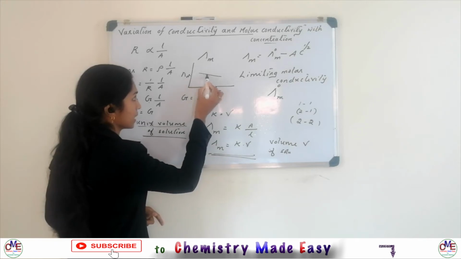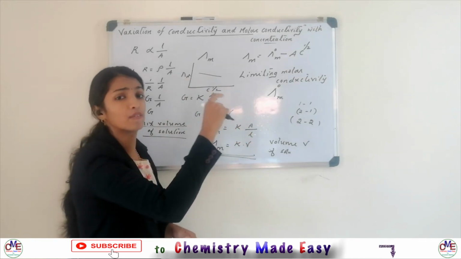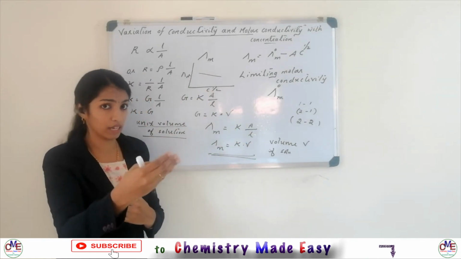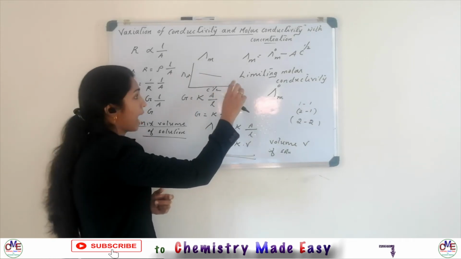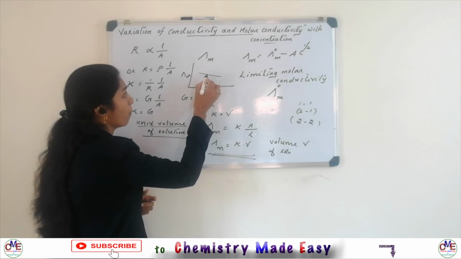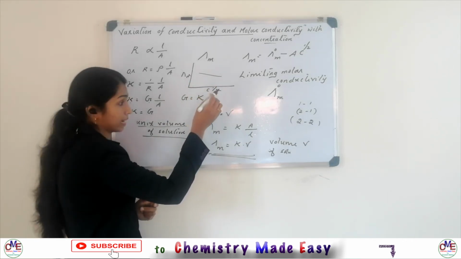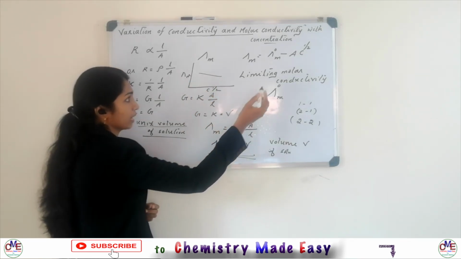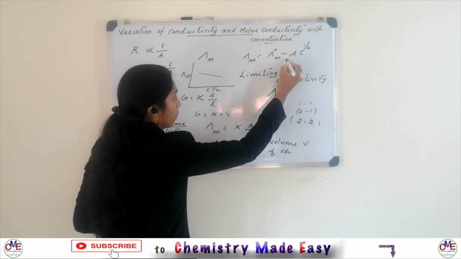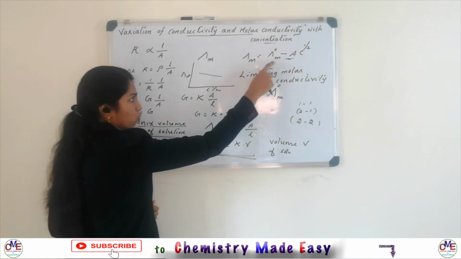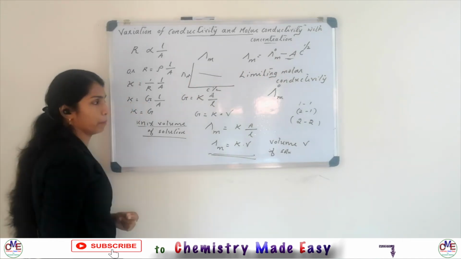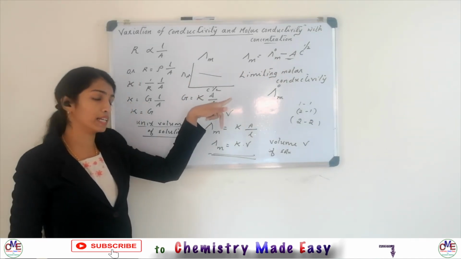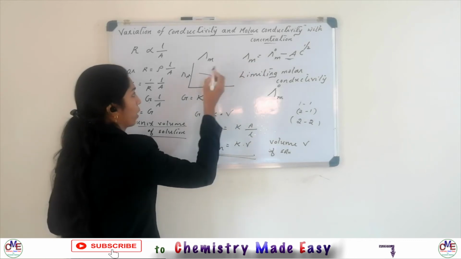If the electrolyte is weak, this decrease will be a slow decrease. This is a straight line graph, and the slope of this straight line will be minus a, from y is equal to mx plus c. Its y-intercept will be lambda 0 m.